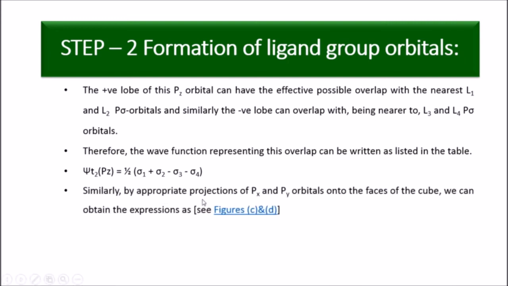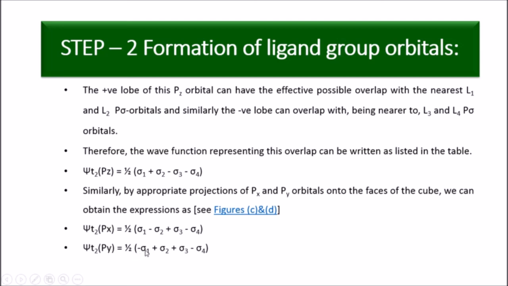Similarly, by appropriate projection of px and py orbitals onto the faces of the cubes, we can obtain the expressions which we can see in figures C and D, which we have already seen. Let me represent the wave function associated with px, that is half. Here the lobes of ligands 1 and 3 interact with the positive orientation of px, and ligands 2 and 4's negative lobes interact with the negative side.